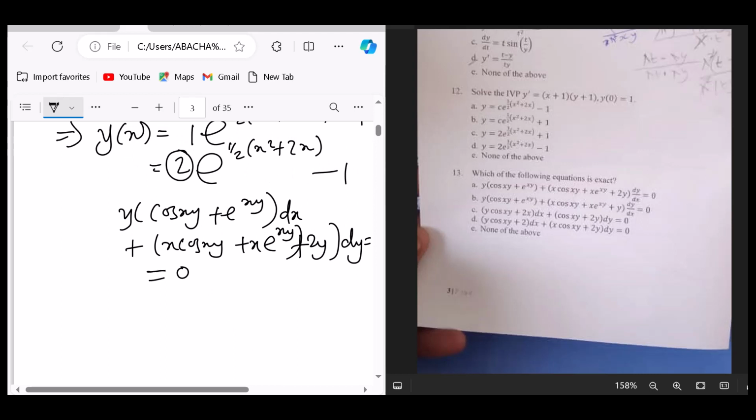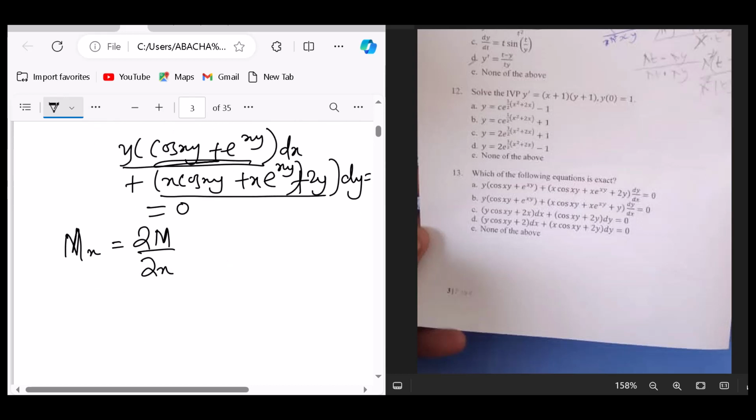So here you take this one, you take this one, and you test whether this one is your M of x, or del M del y, and then this one here is your N of y, and that is equal to del N del x, like this.